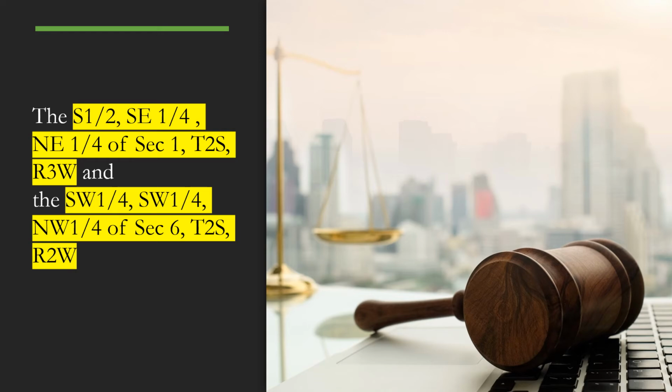And here we have the exact same legal description as just presented. However, I've added the highlights showing you where the "and" is separating the legal description, giving you the two formulas that you're going to work separately and then add together to come up with your solution of the area size.